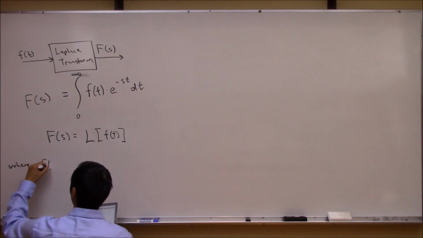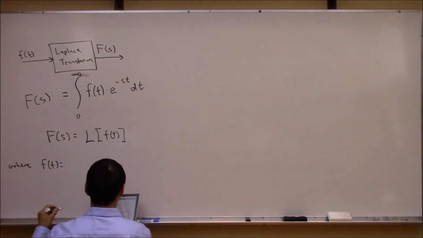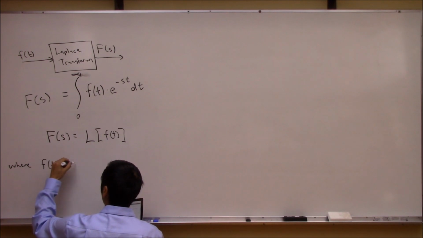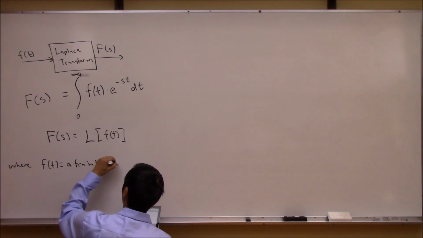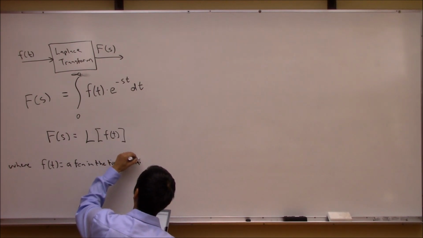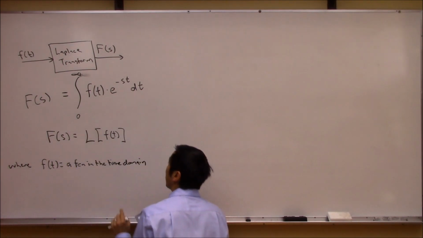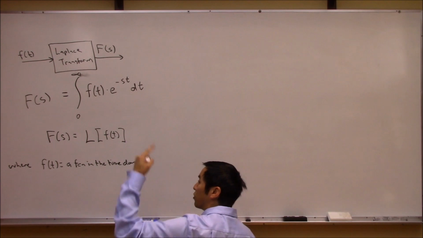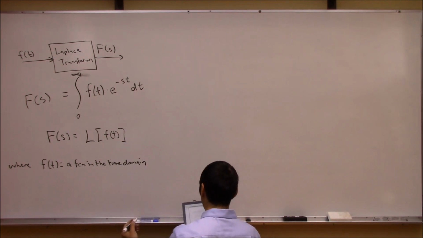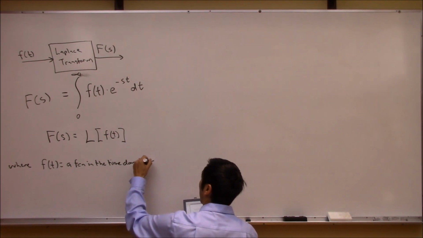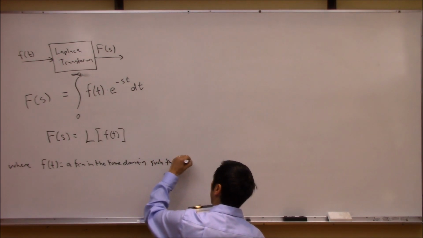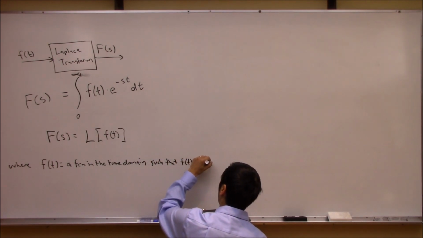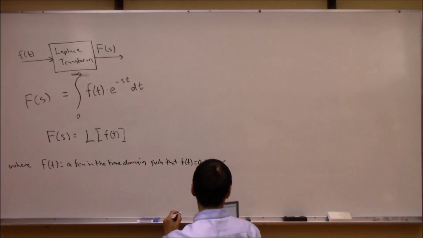So again, f of t, this here is a function in the time domain. And one thing that we should note here is the lower limit of integration, we're going to integrate from time equals 0 to infinity. So we're going to assume here that this function f of t has the conditions such that f of t is 0 for t less than 0.